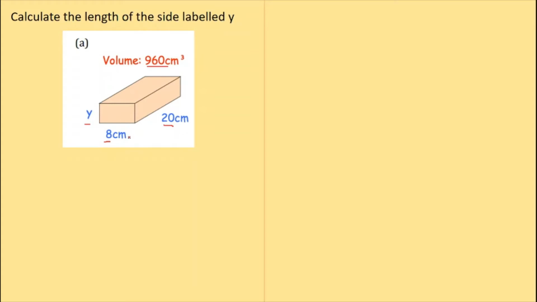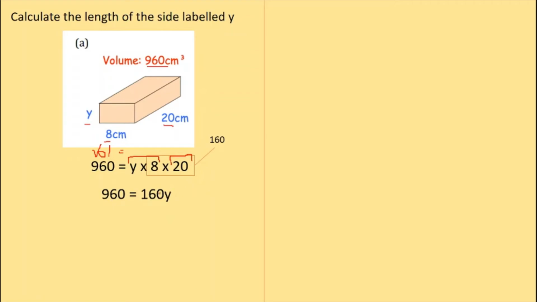So, to do that, we're going to use the same formula, but we're going to say that the volume equals, this here would be our repeating face, times our length. Okay? Well, we know that we can clean this up a little bit. 8 times 20 is 160. So what we're saying here is the volume of 960 is the same as 160 times whatever y was.